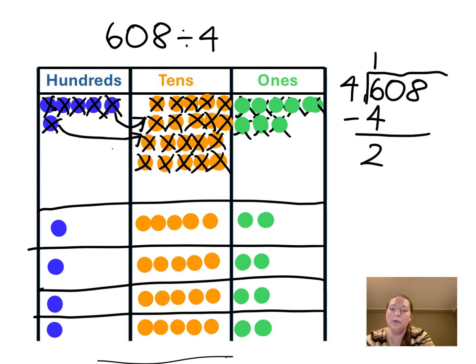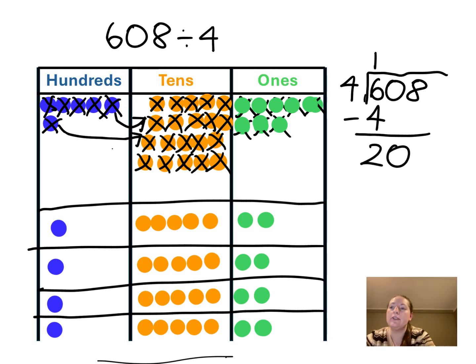So you had 2 groups of 100 left over. What did you do after that? Oh, so you took those hundreds and you decomposed them into groups of 10. Great, so how many groups of 10 did those 2 groups of 100 end up being once you decompose them? 20 tens, all right.